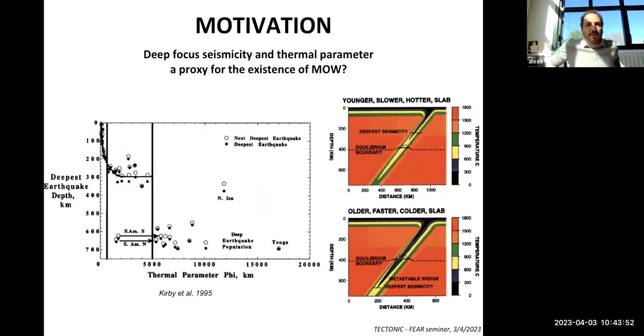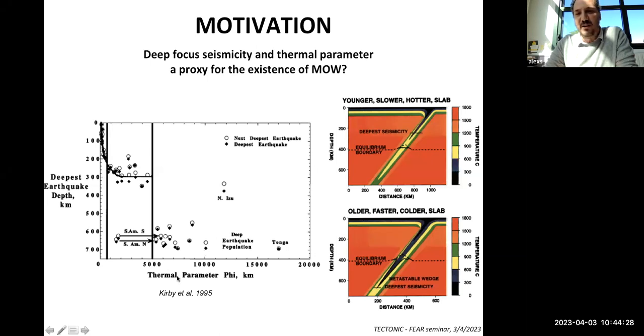Okay, so when we move now to the deep focus earthquakes, one of the things that I said earlier is that not all subduction zones produce deep focus earthquakes. In fact, only the coldest subduction zones produce them, and this is a famous plot from a paper by Steve Kirby in 1995, where you look at the deepest earthquake in a given subduction zone as a function of the thermal parameter, a proxy for how cold and how fast the slab is going.